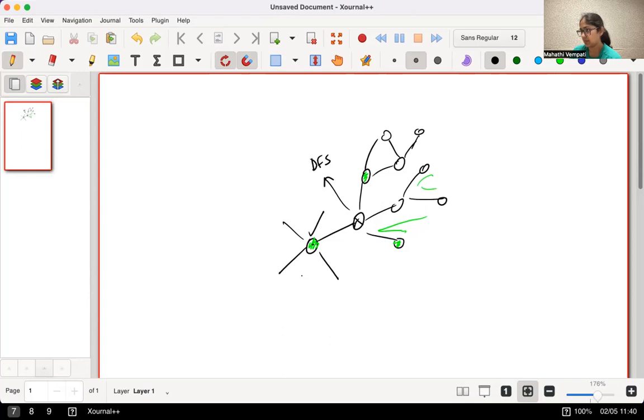And you need to ensure that these don't hit any other node in the cycle. Okay.